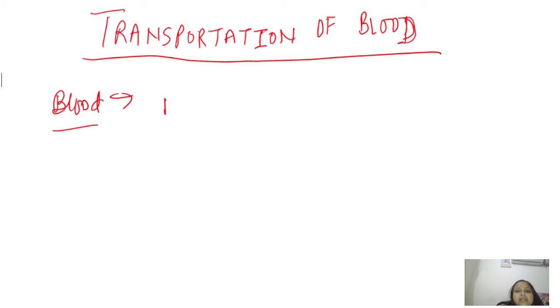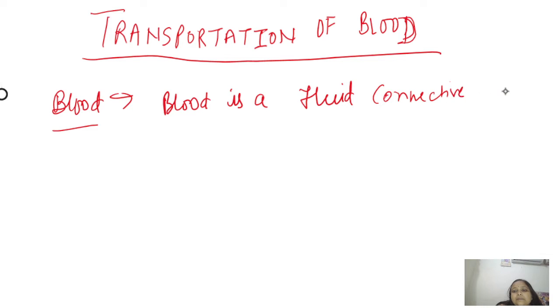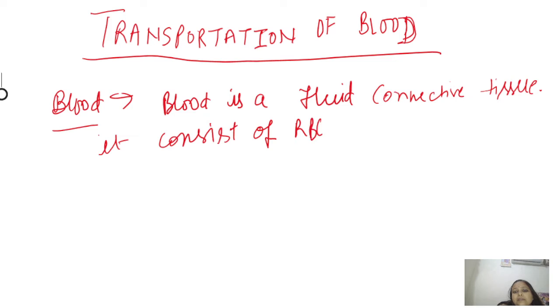So blood is a fluid connective tissue. It consists of RBC, WBC, and platelets.